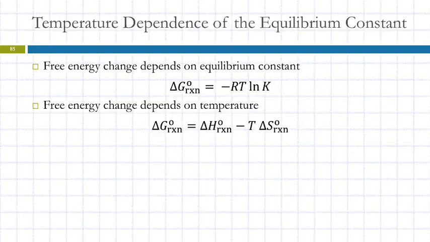I'm supposed to derive something here. So this is delta G0, this is delta G0. How about we just set those two things equal to each other? Seems like a good idea.